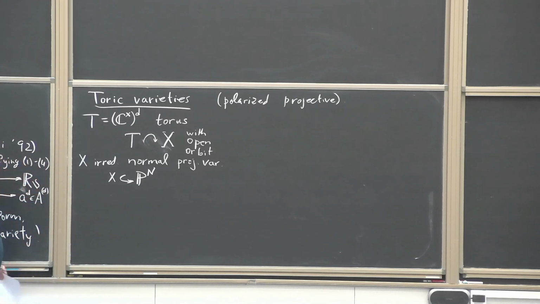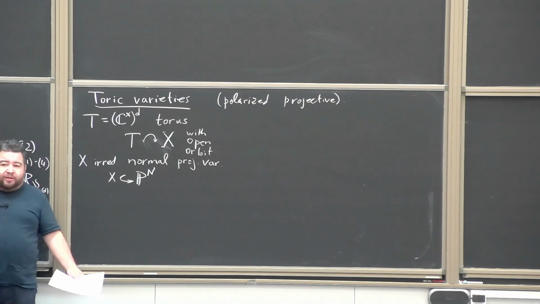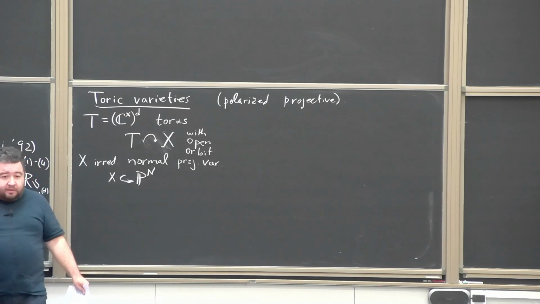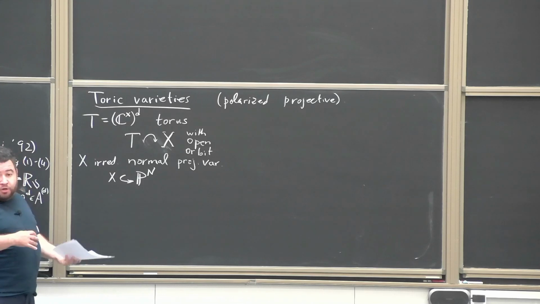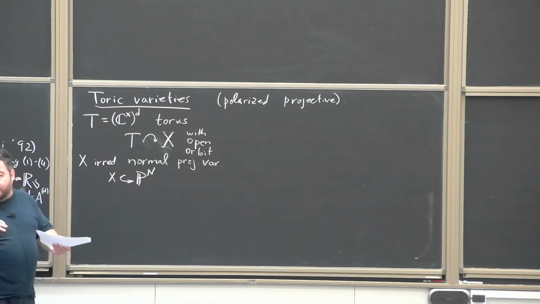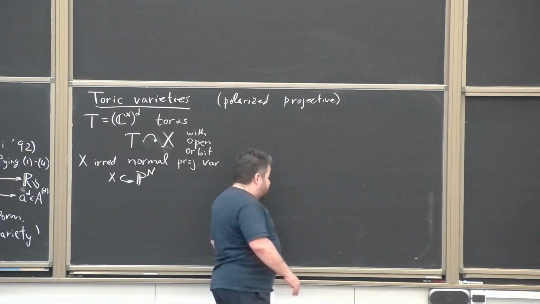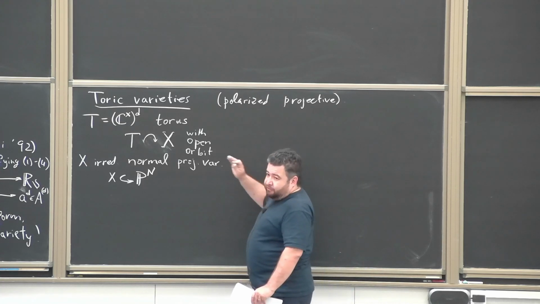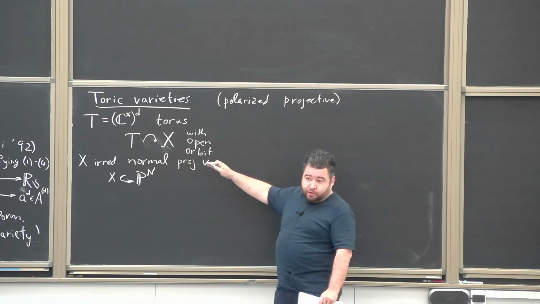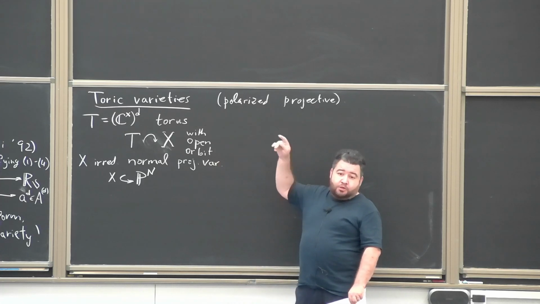So the main benefit of working with toric varieties is that they are very combinatorial. You can encode pretty much everything about them just in the language of polytopes or in the language of fans, which is in a sense dual but pretty much the same. So the geometry of a toric variety is governed by a certain integer polytope. And let me give the construction the other way around, from polytope to a toric variety.